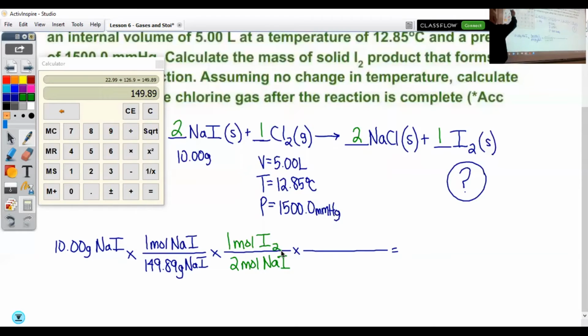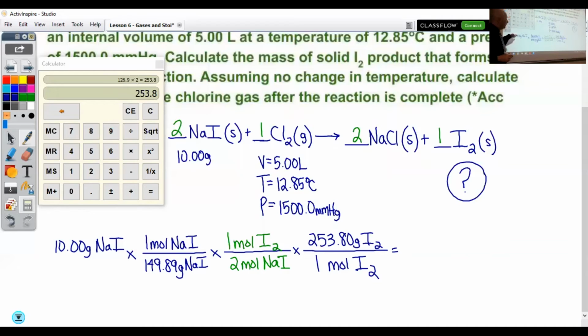In our final fraction, we have 1 mole I2, and then we need to find its molar mass. So 126.90 times 2, which turns out to be 253.80 grams of I2.